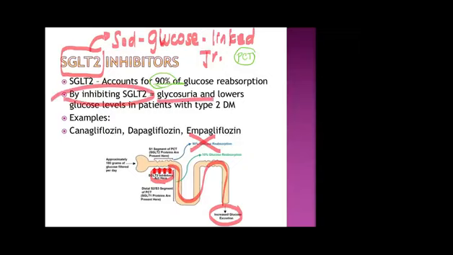Glycosuria meaning the amount of glucose in the urine is high kasi nga enhanced excretion and lowers blood glucose levels in patients with type 2 diabetes mellitus. So examples are the gliflozins, like canagliflozin, next dapagliflozin and empagliflozin. Okay, so palatandaan gliflozin. So yan ang mga examples.